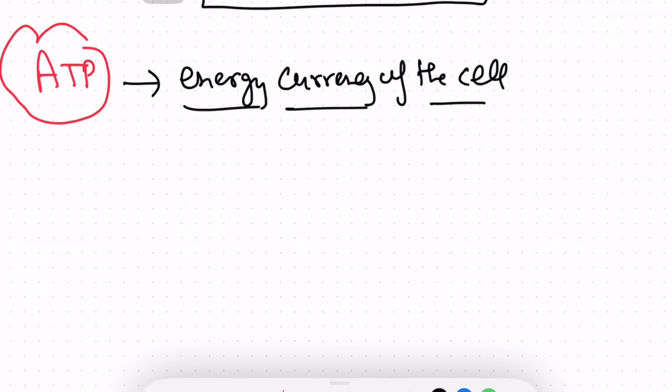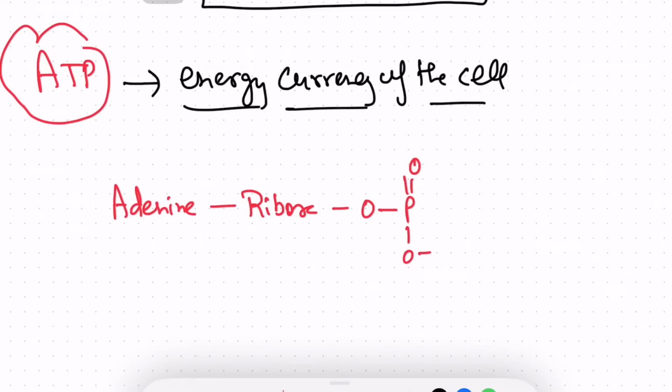You are going to have adenine, then ribose, the sugar, then you are going to have the phosphate groups. So here you are going to represent it like this: O, P, double bond O, O minus. Then you have O, then P, double bond O, then O minus, then O. Then you are going to have P, double bond O, O minus, then O minus.